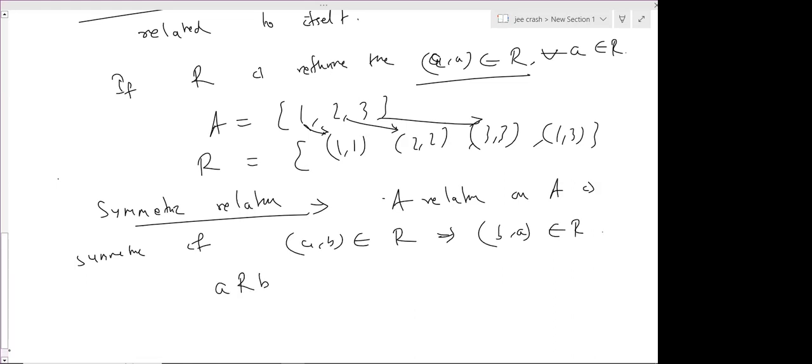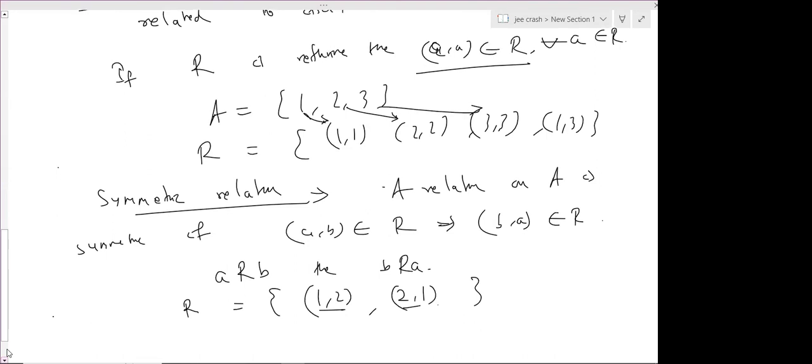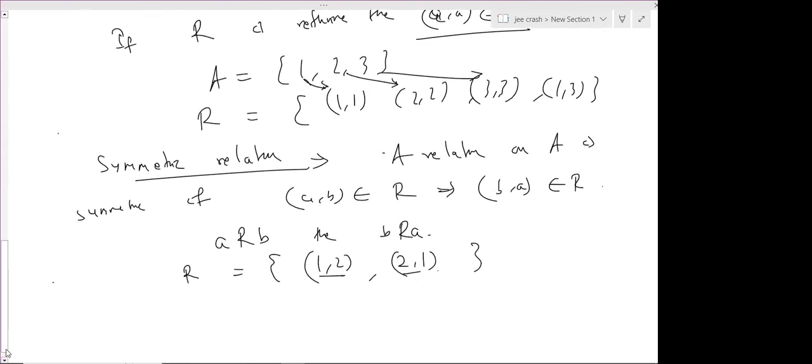If a is related to b, then b must be related to a. For example, if there is a set R where (1, 2) is there, then (2, 1) must be there. This is called symmetric, a mirror image. If (1, 2) is there, then (2, 1) must be there. And the third one is transitive.